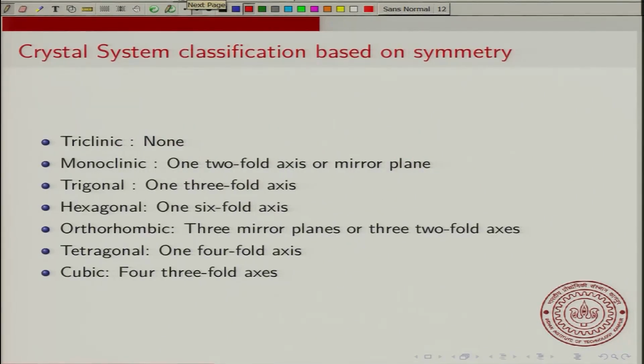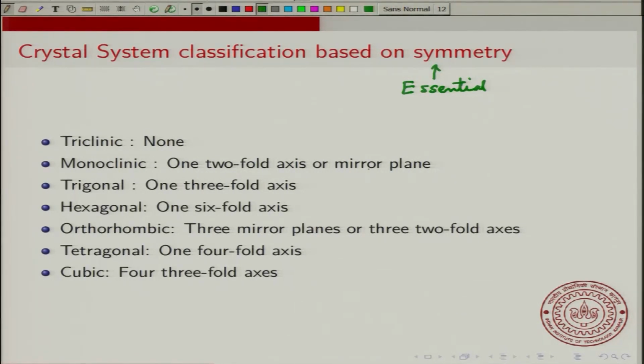In the last lecture we saw the crystal system classification that was based on symmetry, and again we emphasize that this is what we call the essential symmetry. We said that a triclinic system has no essential symmetry, and we had different systems.